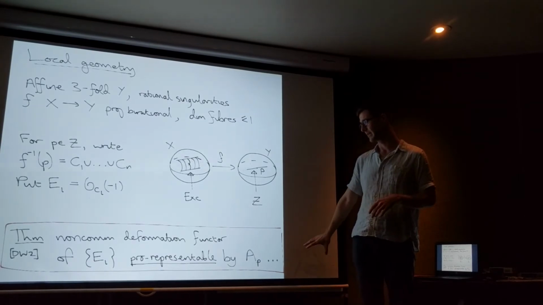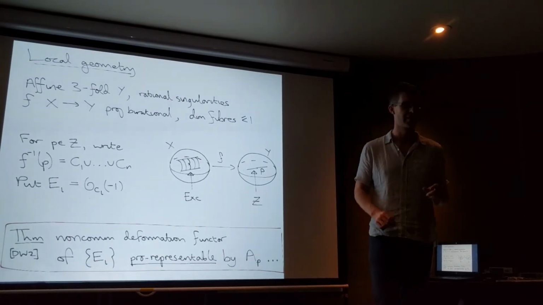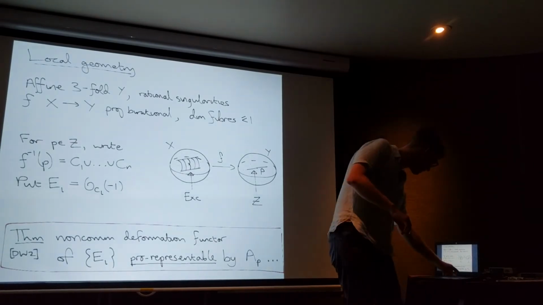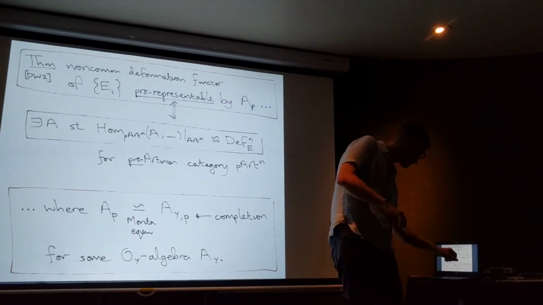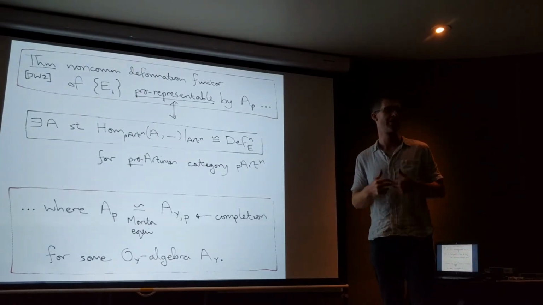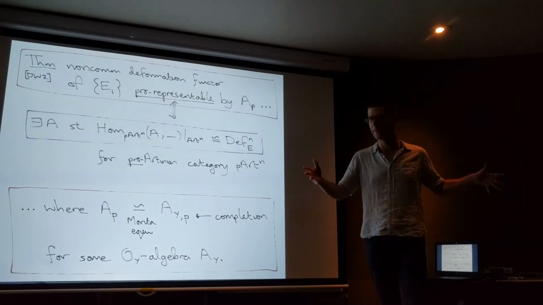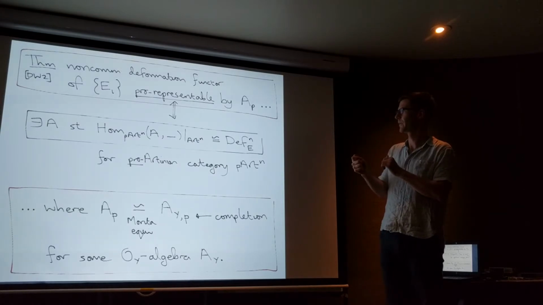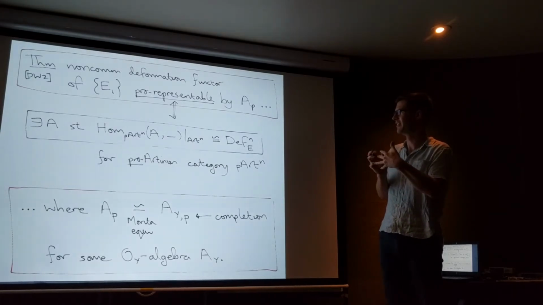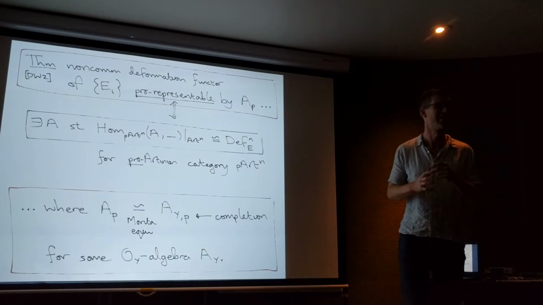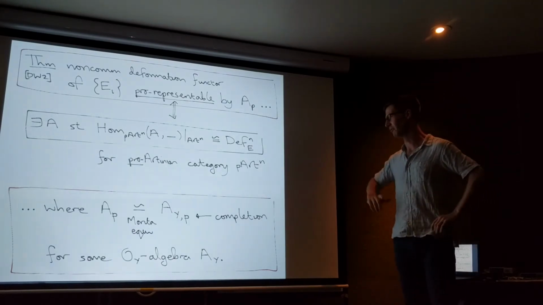Now, the theorem is that the non-commutative deformation functor, as before, is pro-representable. Okay. So what does that mean? It means that if I extend the Artinian category to the pro-Artinian category by taking limits, then there exists an object in that category, which when I take Homs from that to an Artinian ring, gives me the deformations over that Artinian ring.